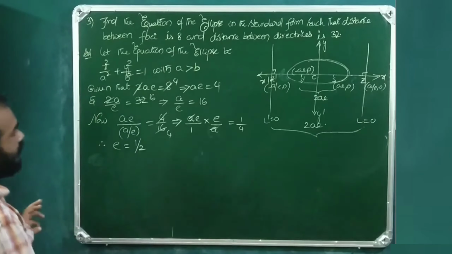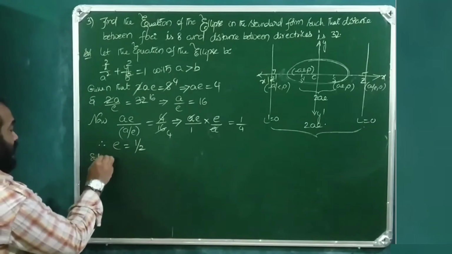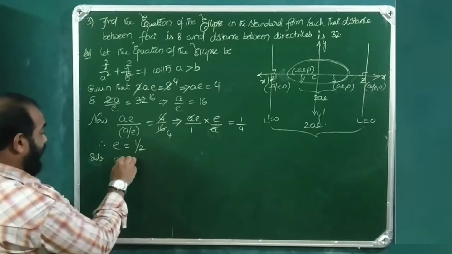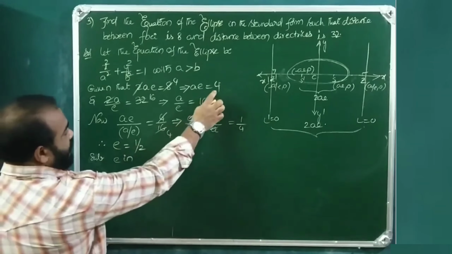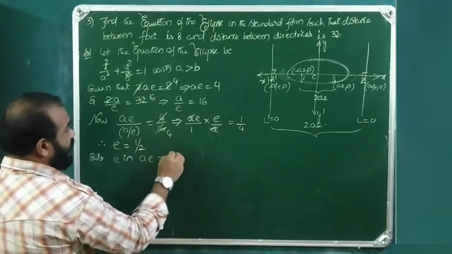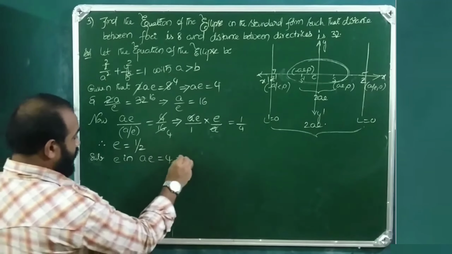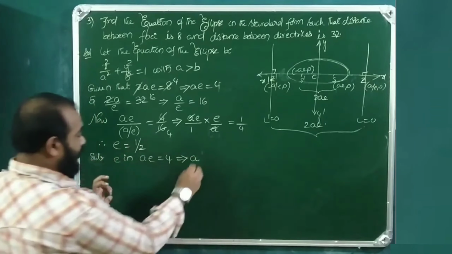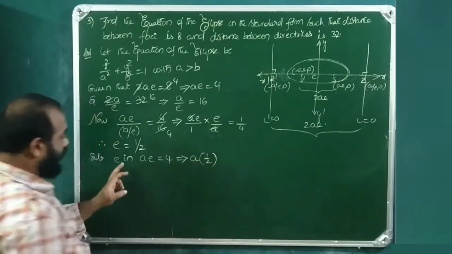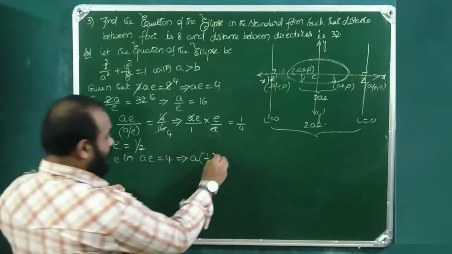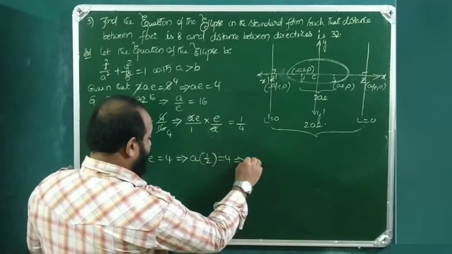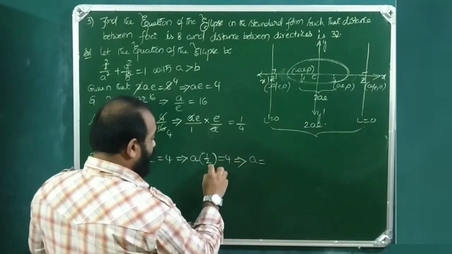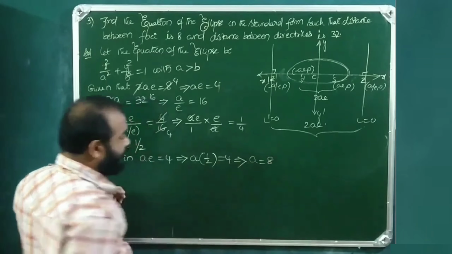Now substituting E in AE equals 4, that implies A into 1 by 2 equals 4. From this, A is equal to 8.